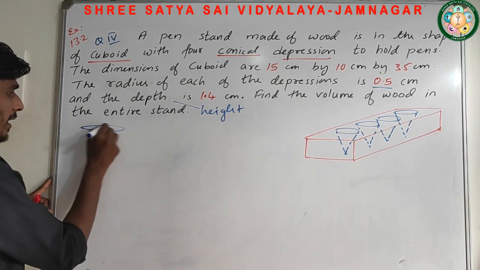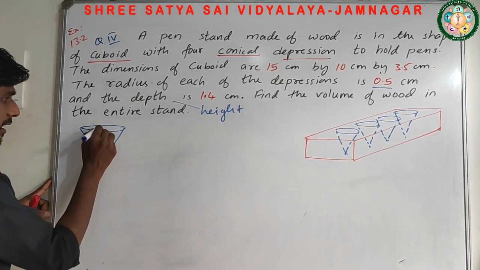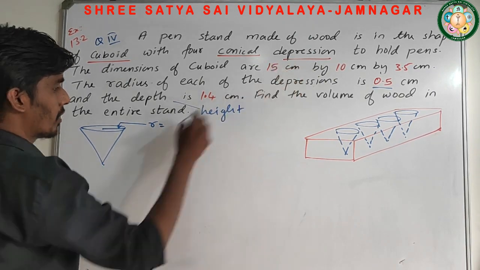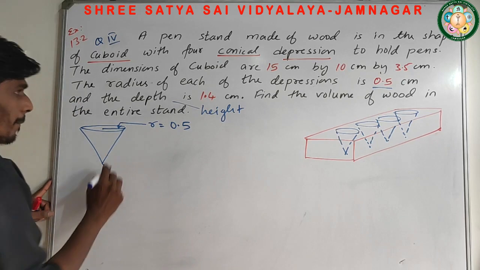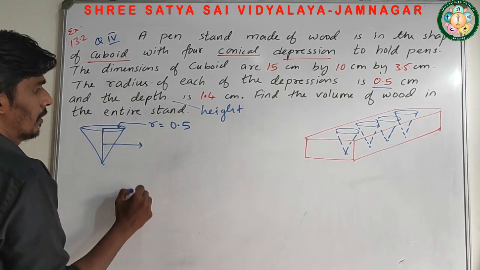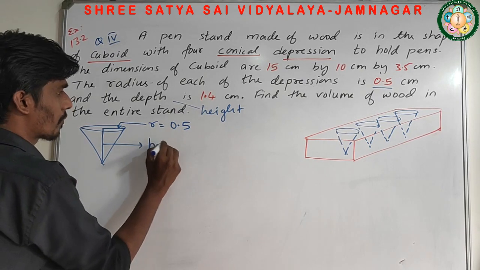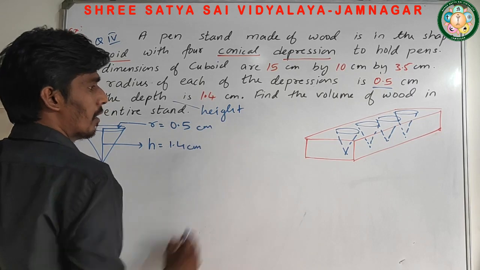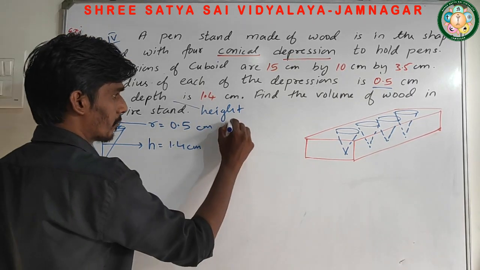For this conical part, its radius is 0.5. And then depth. Depth means its height. Height is given as 1.4 centimeter.